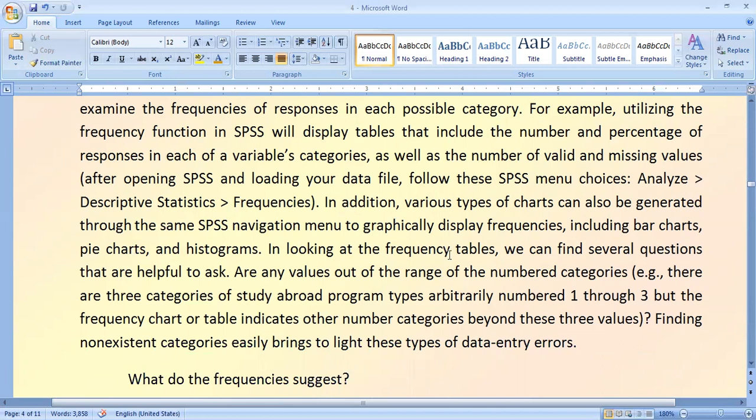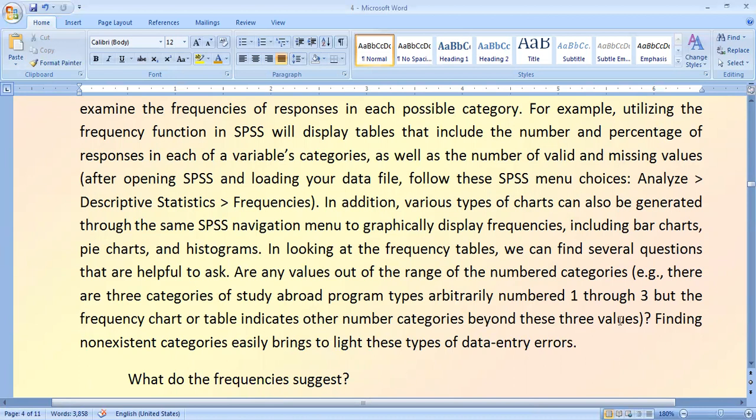In looking at the frequency tables, there are several helpful questions to ask. Are there values out of the range of the numbered categories? For example, there are three categories of study abroad programs, typically arbitrarily numbered 1 through 3, but the frequency table indicates other numbers of categories beyond these three.